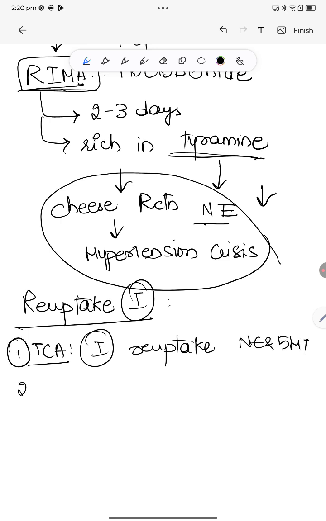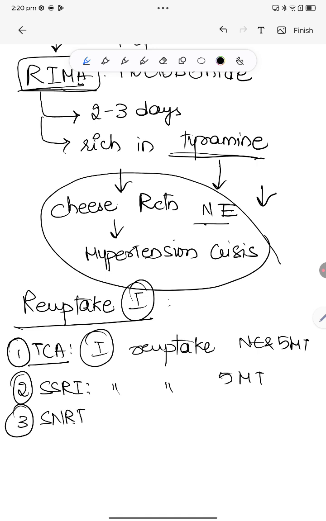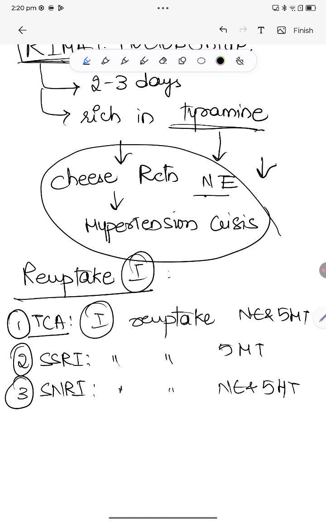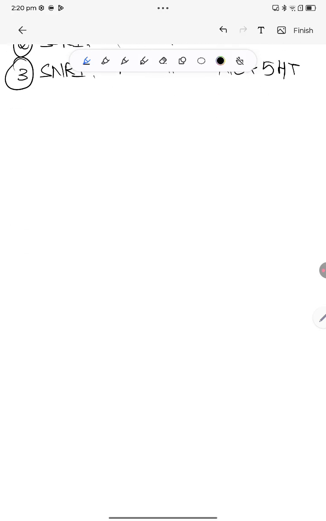That is the first one. Second group is SSRI, selective serotonin reuptake inhibitors. These primarily inhibit reuptake of serotonin. And the third group is SNRIs. They inhibit reuptake of both norepinephrine and serotonin. So now let us see what the reuptake mechanism is.